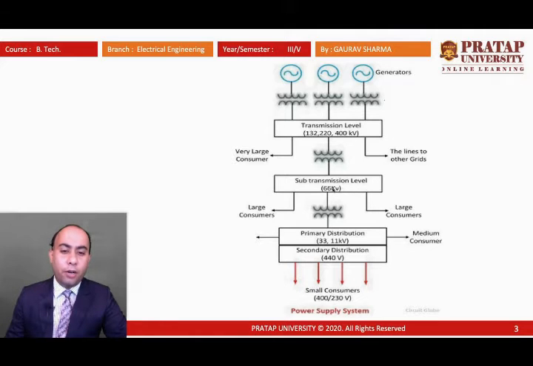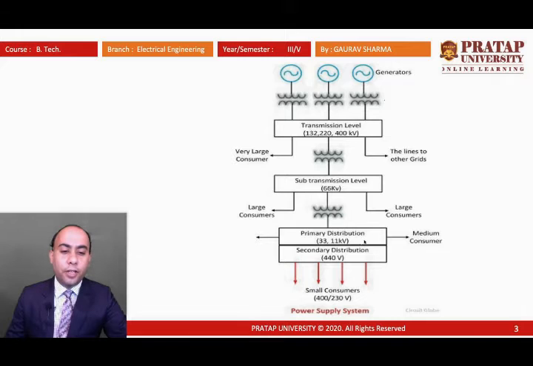Now we are stepping down, and after that we send this step down transmission line voltage to the large consumers. After that we are again stepping down this voltage to 33 kV or 11 kV.